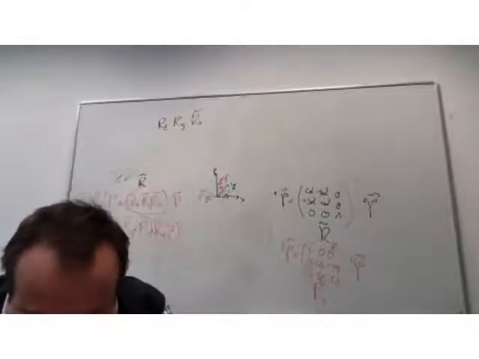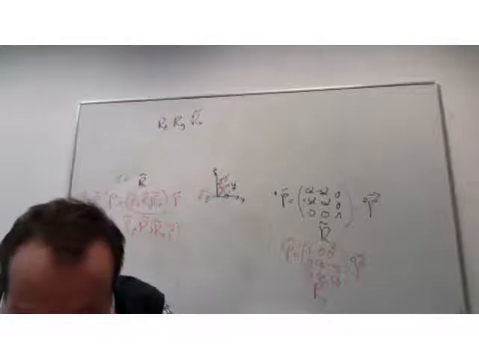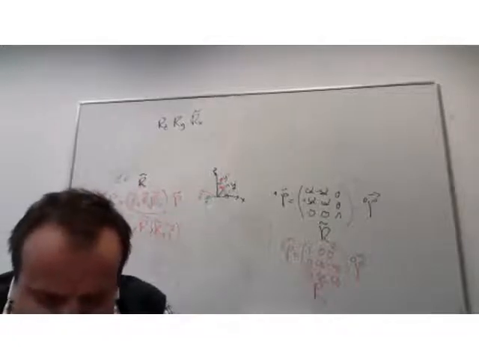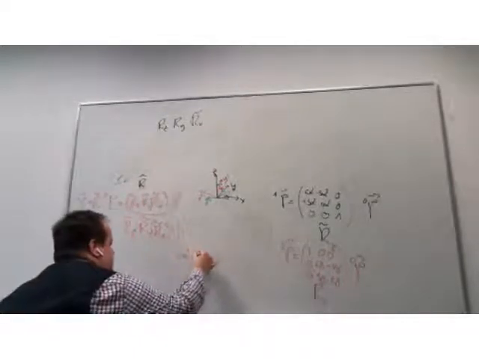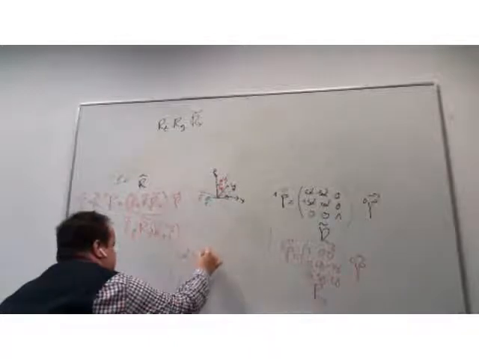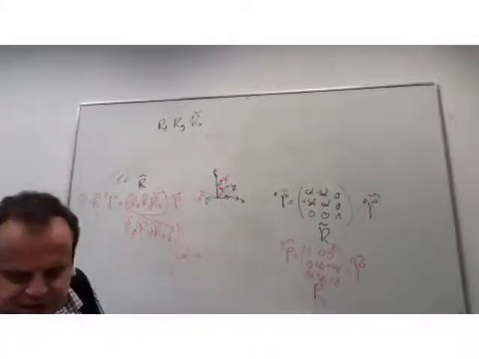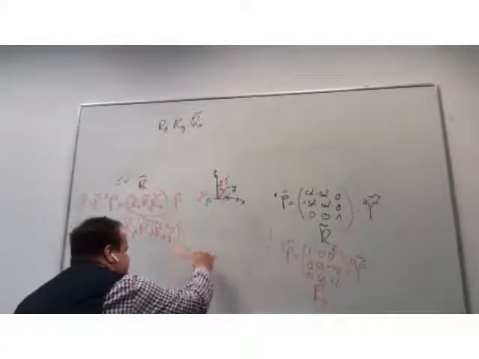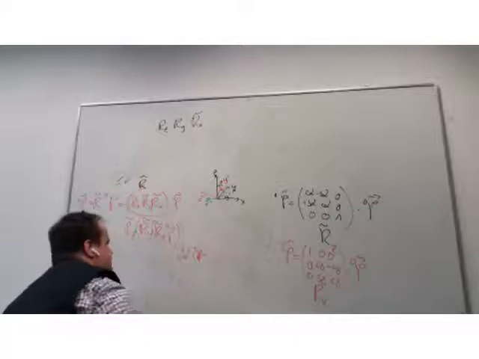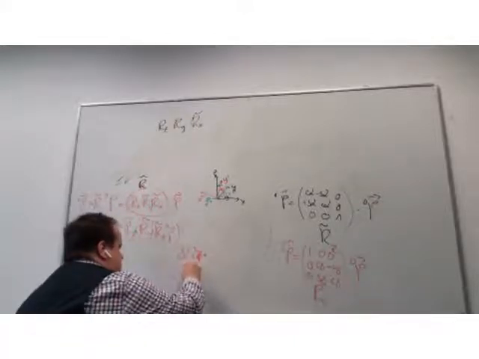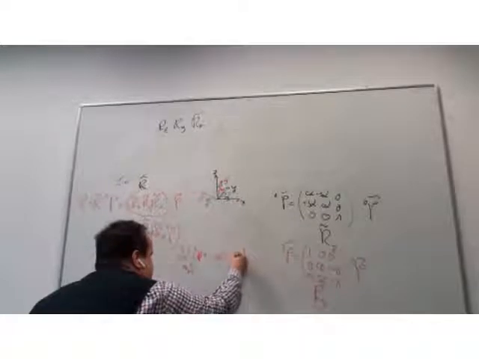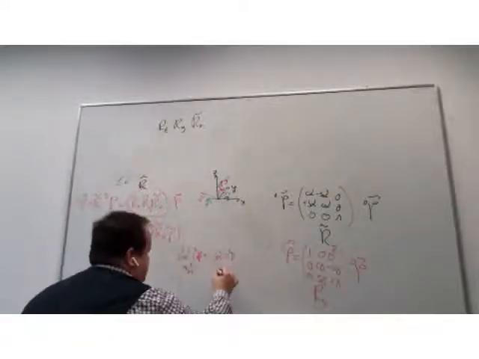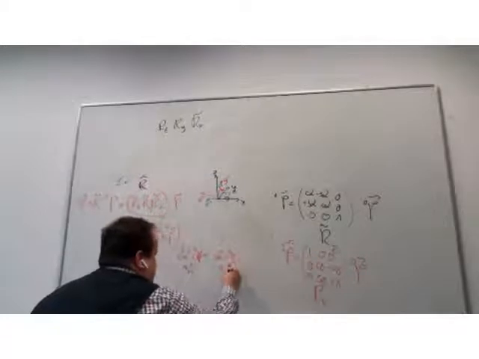So now if you look at what's R11 square plus R21 square, it's cosine alpha cosine beta squared. So this is R11 square. And the second term, R21 square, is sine alpha cosine beta squared. This is basically the R21 square.